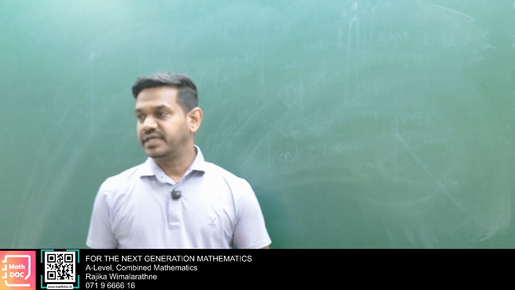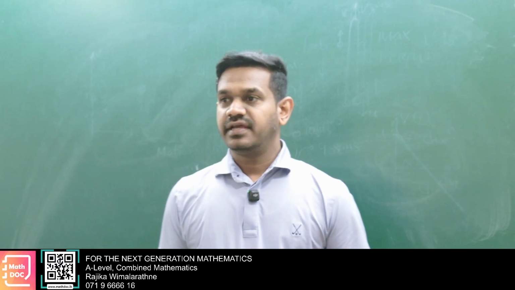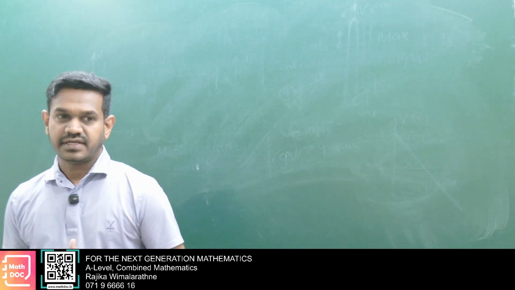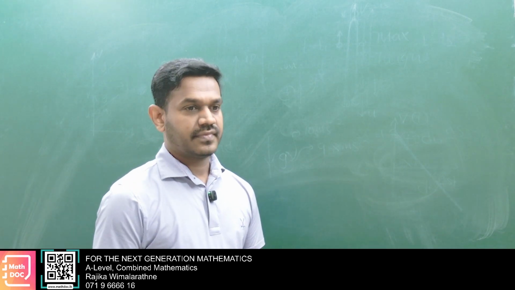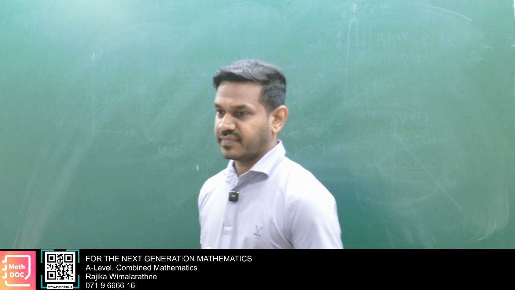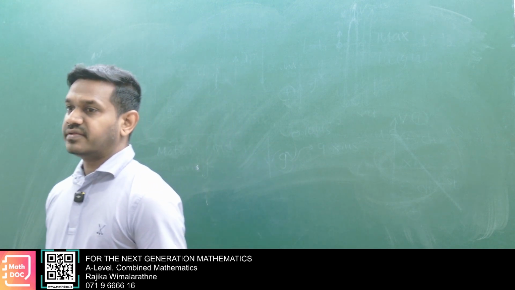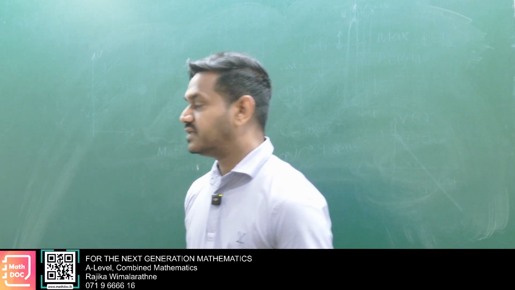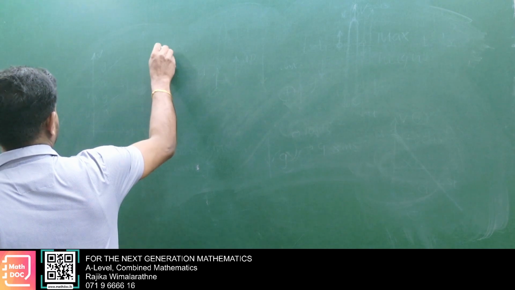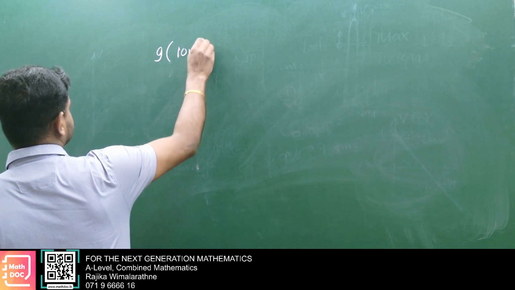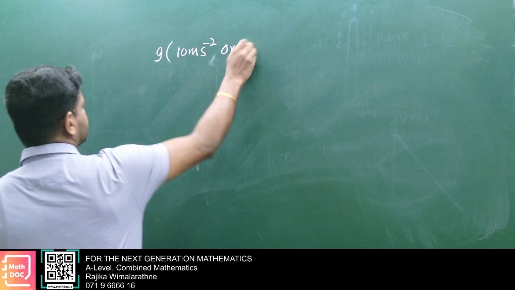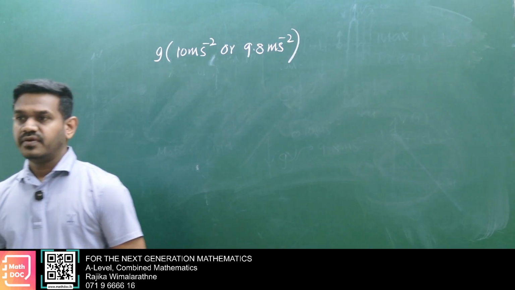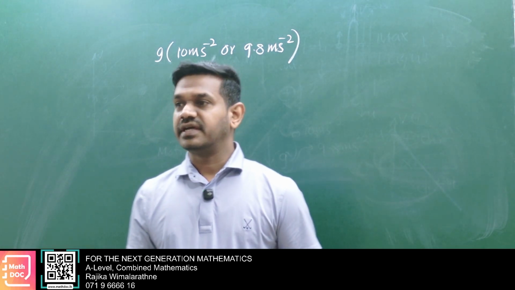The object has always a gravitational acceleration, which is simply g (10 meters per square second or 9.8 meters per square second) vertically downwards.